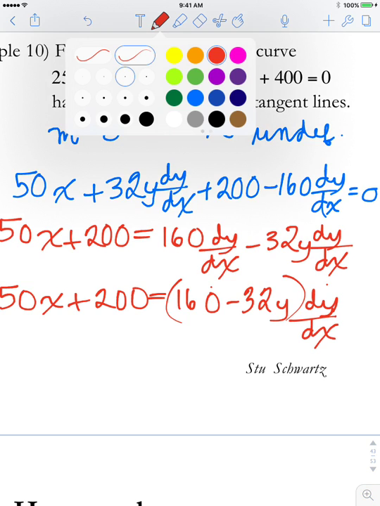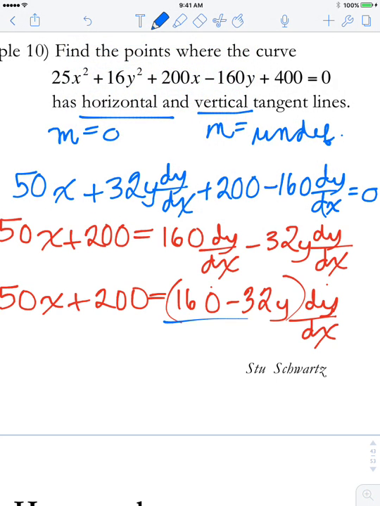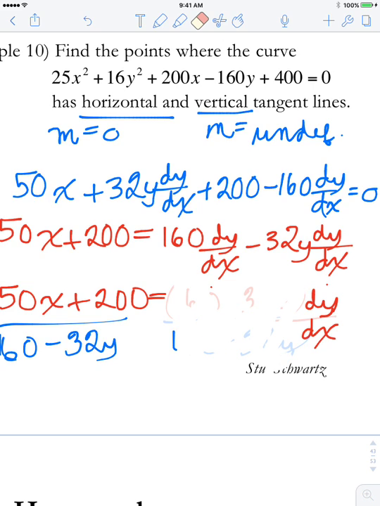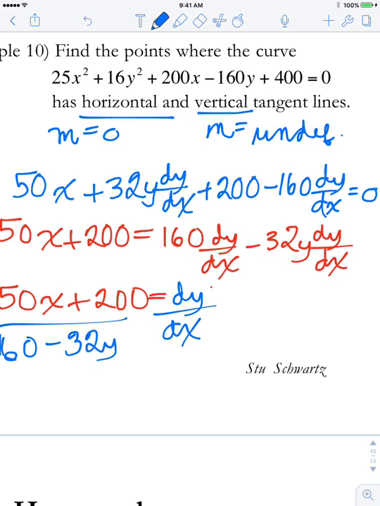And my last thing is I'm going to go ahead now and divide both sides by 160 minus 32y. And there is the slope, this is going to help me determine the slope of the tangent line. So let me just erase this, and these cancel out. And that's what dy dx equals.